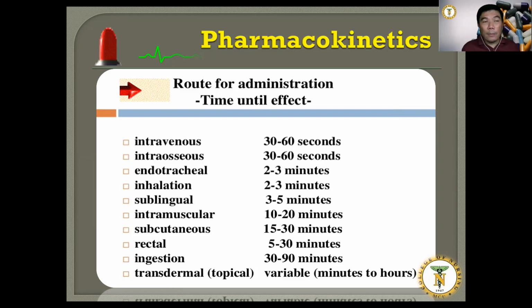The more that it may have a direct access to the blood, specifically to the plasma, the more that it may reach a fast pace of maximum concentration. So that's one that is really important.